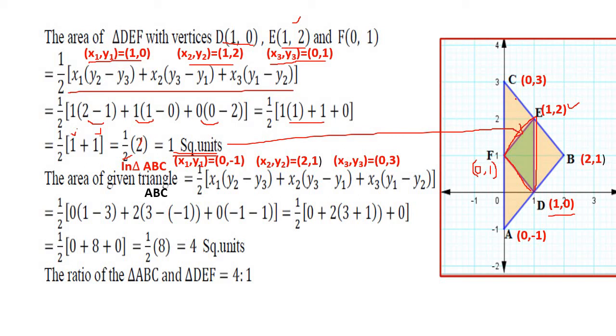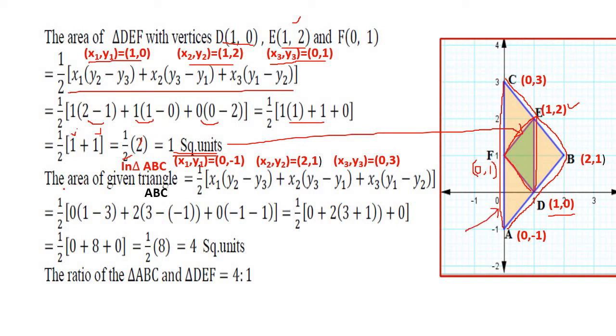Now let us find out the area of the triangle ABC. So how to find this triangle area? Let us use the triangle formula.